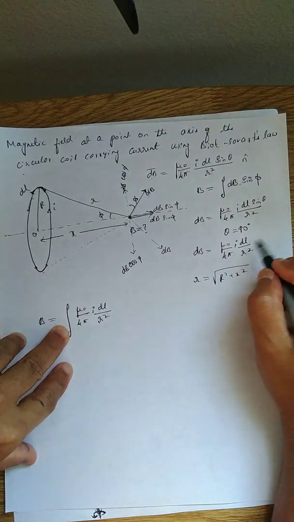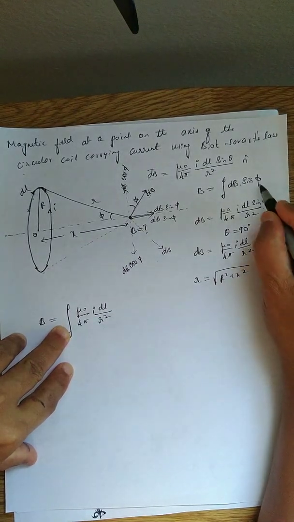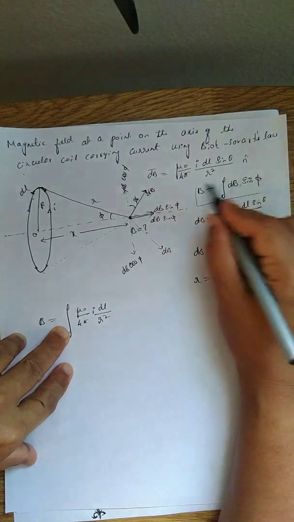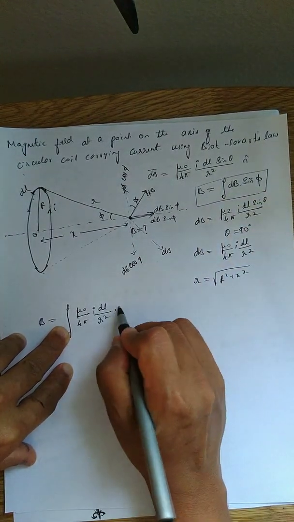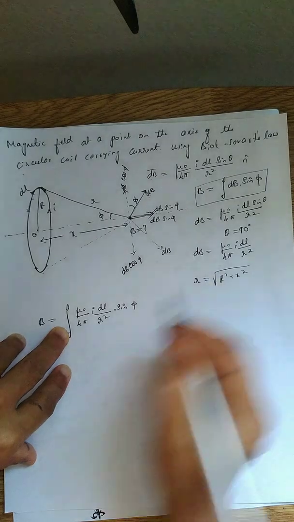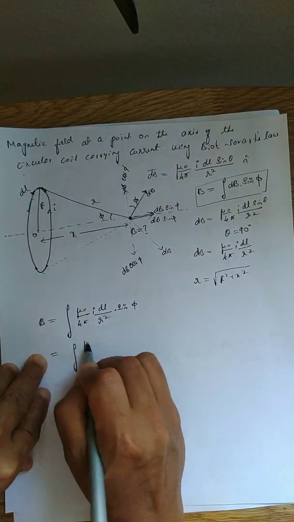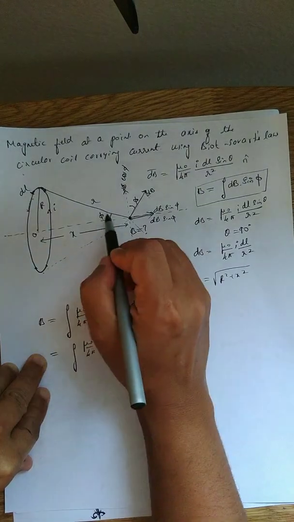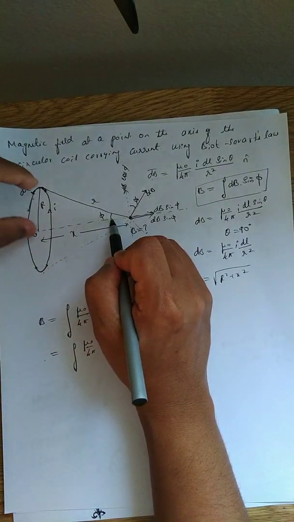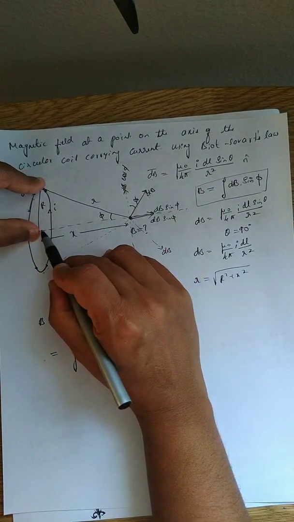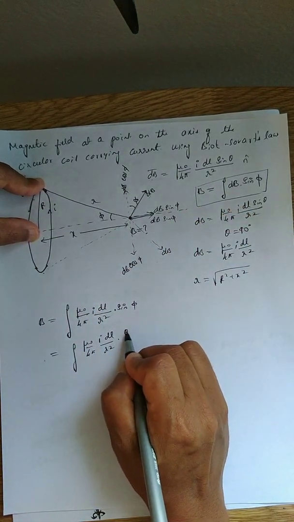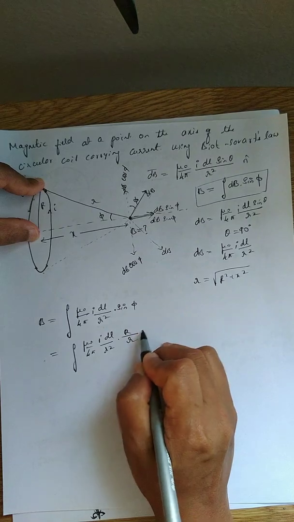Correct? Where is sine phi? This one. Sine phi. Now, mu naught by 4 pi I dl by r squared. What is sine phi? This is phi, so sine phi is opposite by hypotenuse, so opposite is r by small r.